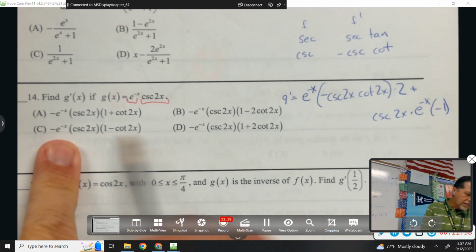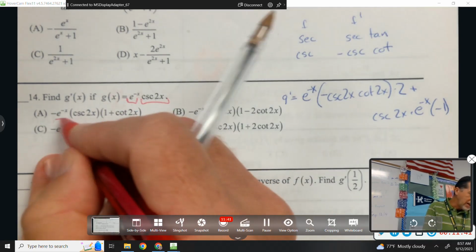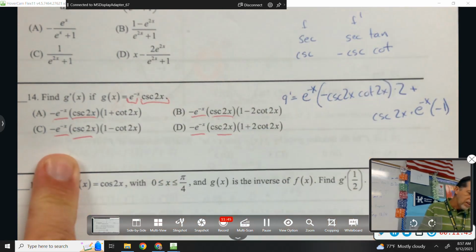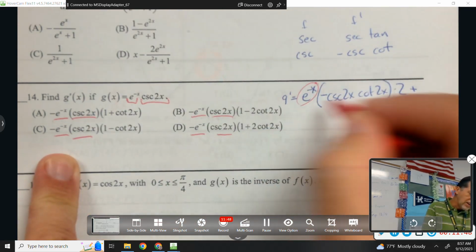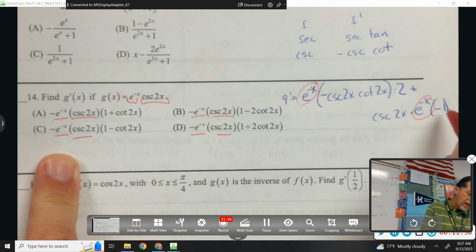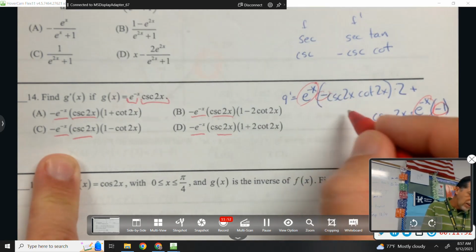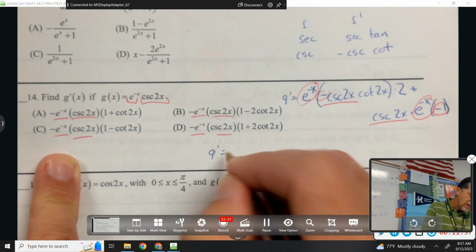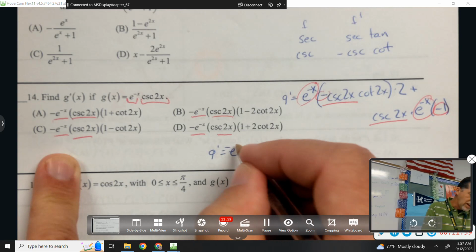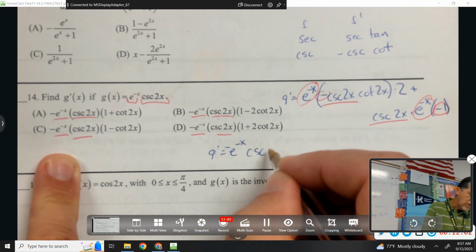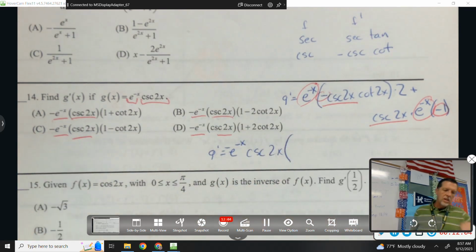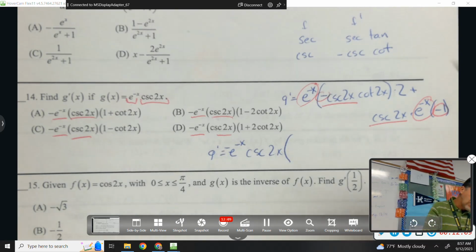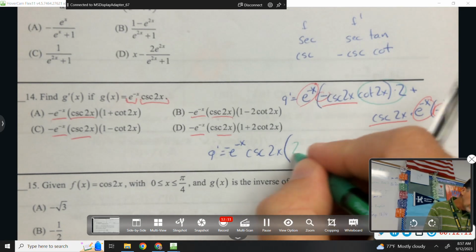So it looks like they all have e to the negative x factored out and cosecant of 2x factored out. So let's take out e to the negative x and the negative and the cosecant of 2x and see what's left. So negative e to the negative x cosecant 2x. Alright, what's left from the first term is 2 cotangent 2x.